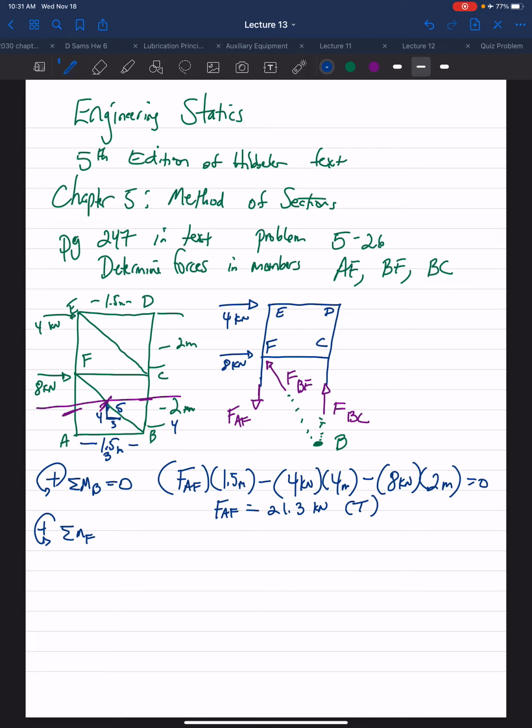So if we take our moments about point F, we can neglect FBF and FAF, which will allow us to calculate FBC. So we'll have FBC, which causes counterclockwise about point F, so positive, times the perpendicular distance of 1.5 meters.